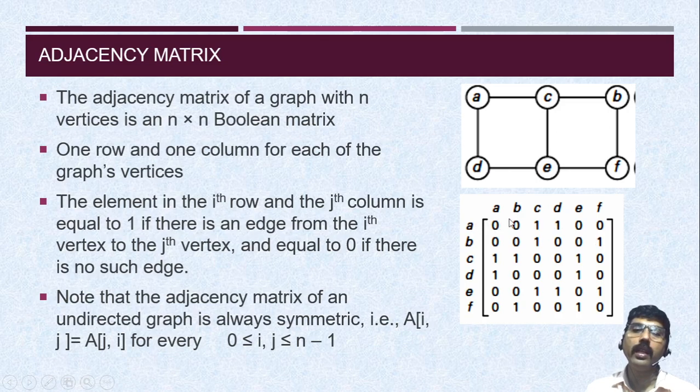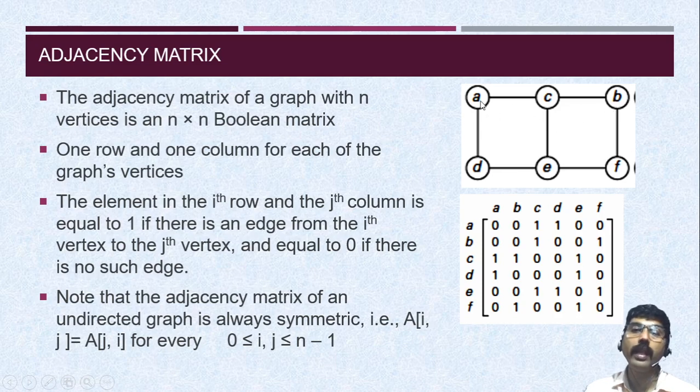Here one row and one column is given to one vertex. For example, see here, this column and this row is given to A. In a similar way, this row and this column is given to B.